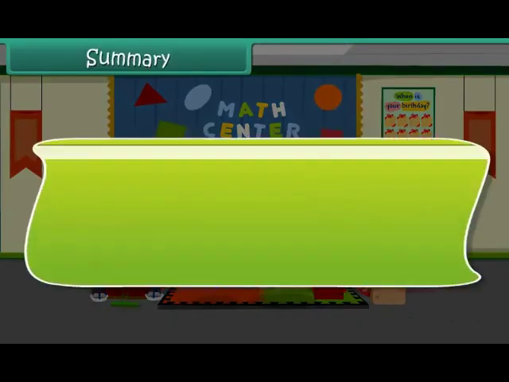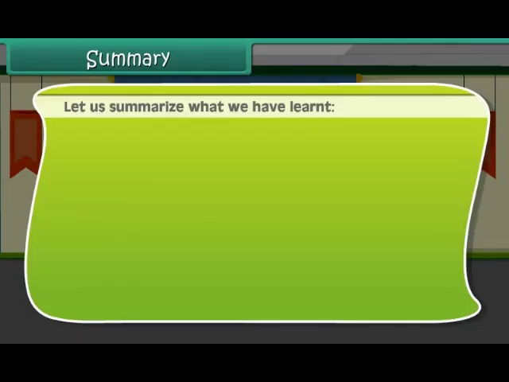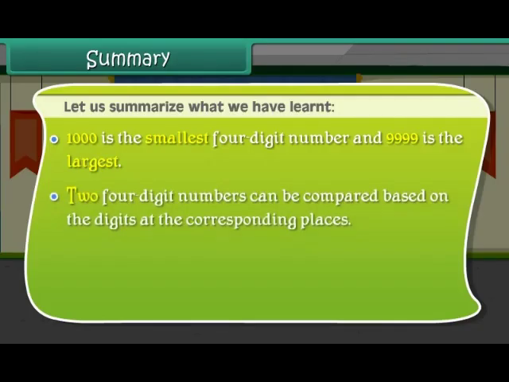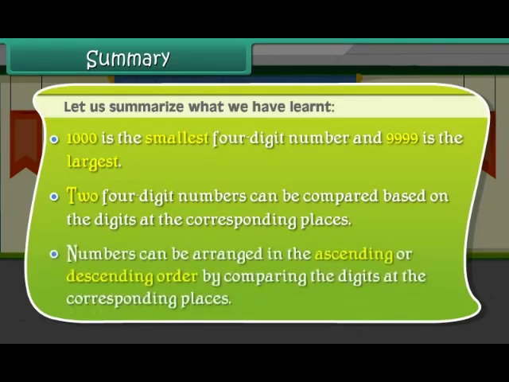Summary. Let us summarize what we have learned. 1000 is the smallest four-digit number and 9999 is the largest. Two four-digit numbers can be compared based on the digits at the corresponding places. Numbers can be arranged in ascending or descending order by comparing the digits at the corresponding places.